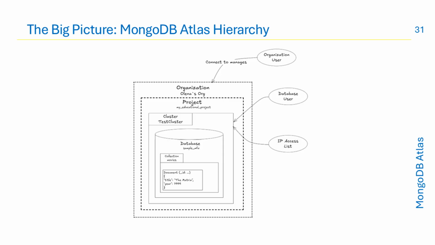Your account lives within the highest level container, the organization. Inside that organization, we created our own project to act as an isolated environment for our lab work. Within that project, we deployed our cluster, the actual group of servers running our database. And because we preloaded the sample data, our cluster now contains the full hierarchy of databases, collections, and documents.